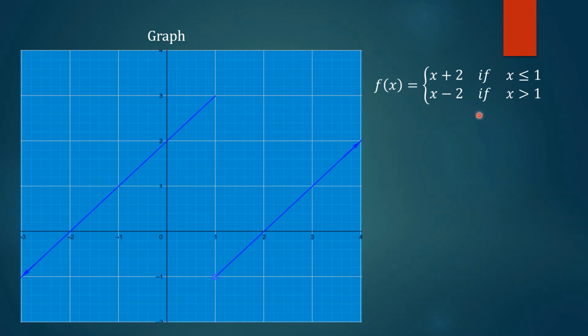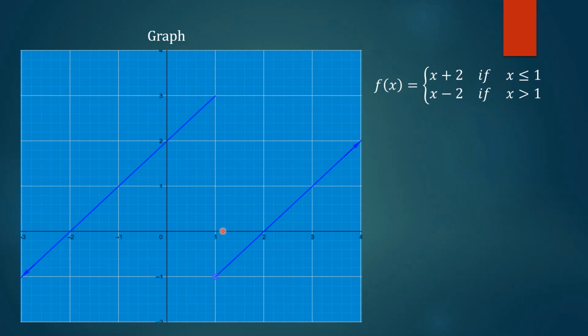So if you put such a value 1 point something, then it will be equal to 1 point something minus 2, and so it is about minus 0.9999, like this.